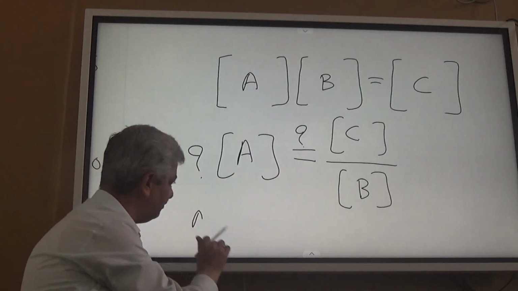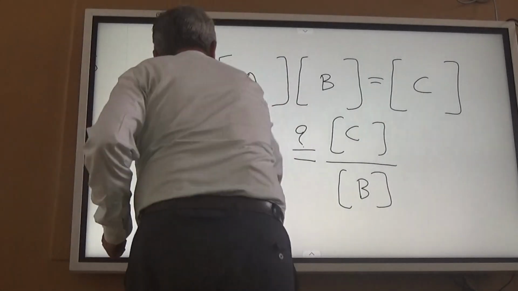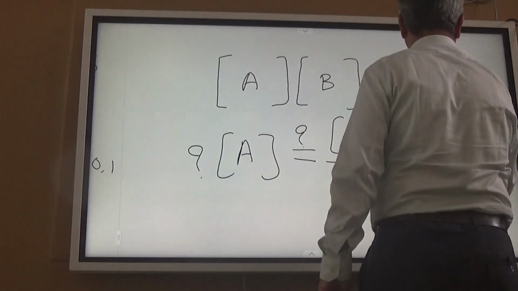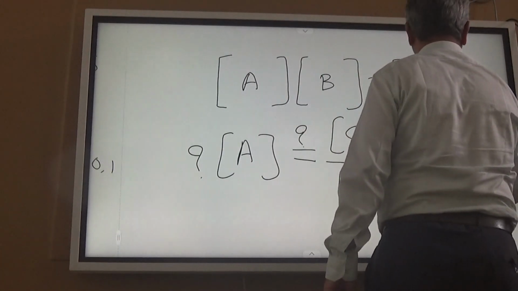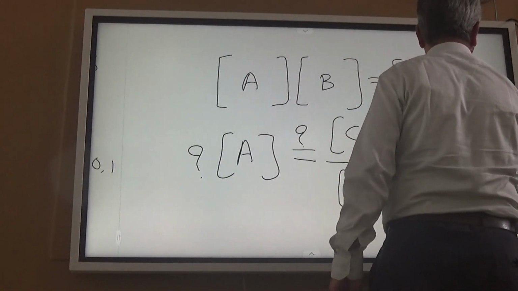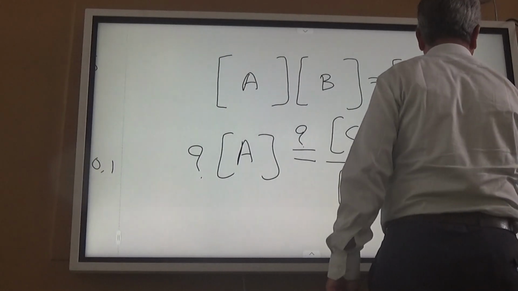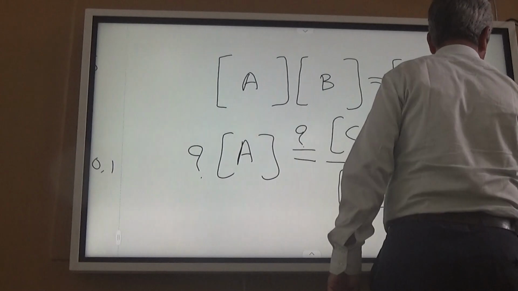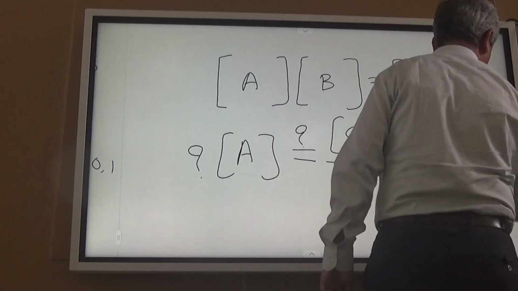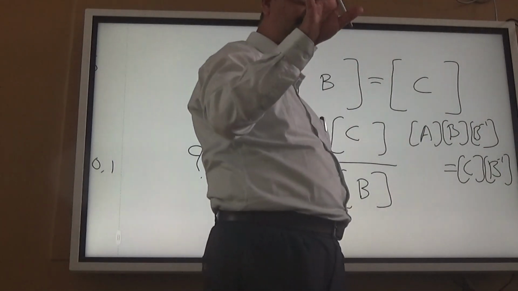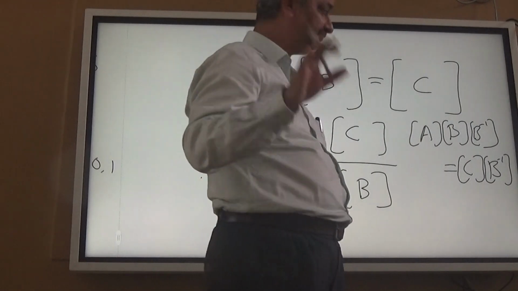I will write it again stepwise. Say A, B, B inverse, that is the left hand side, is equal to C, B inverse, provided that B is invertible, right?